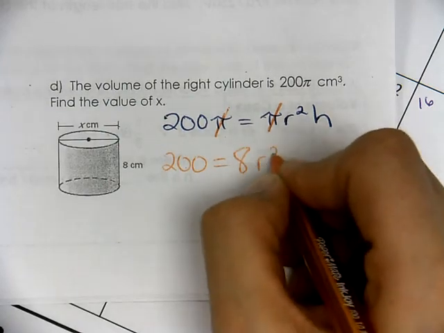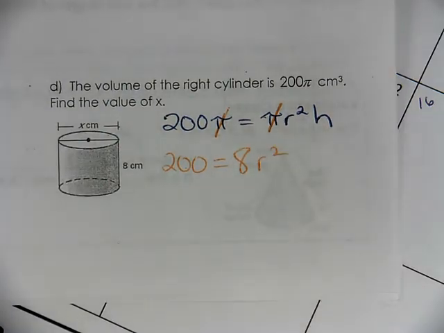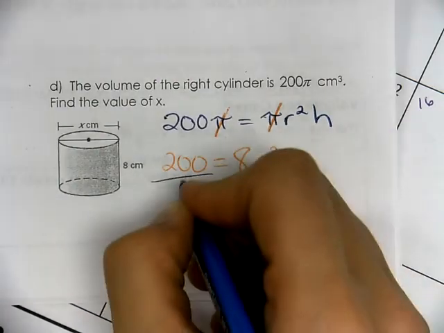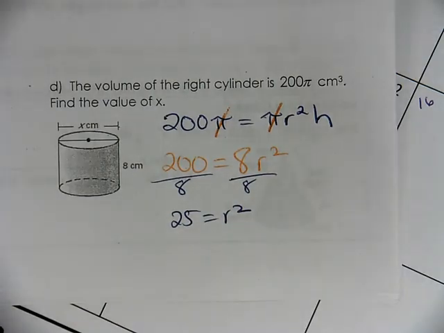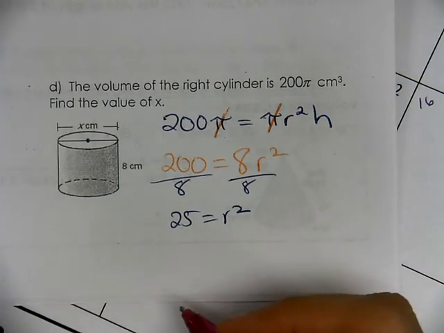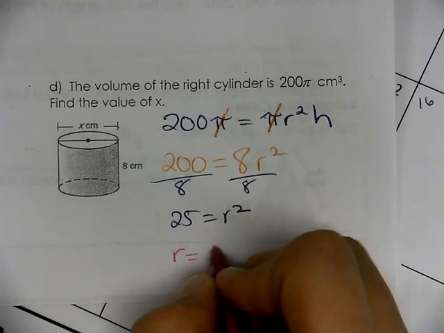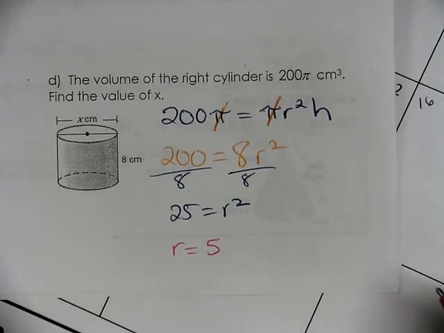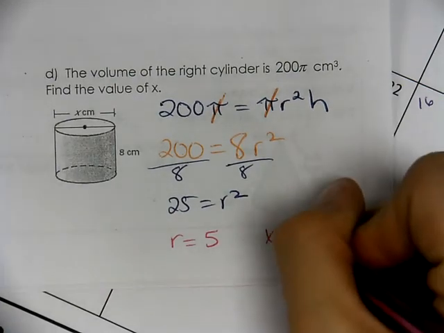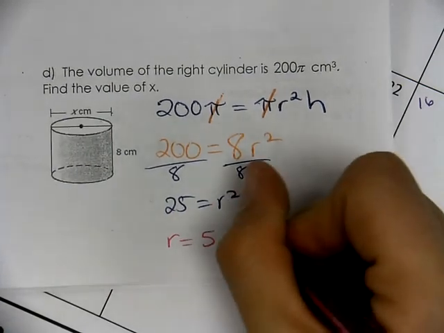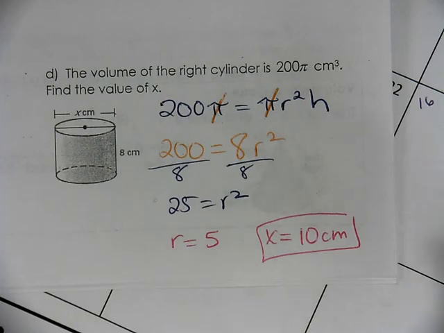So 8r squared. It's 25. The answer is not 5. The radius is 5, so what's x? 10, because we got to double it. Questions?